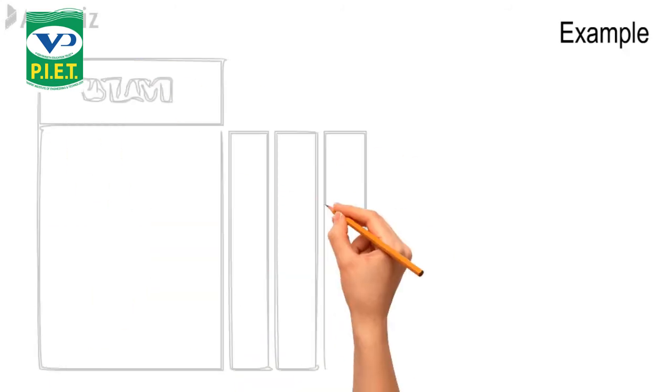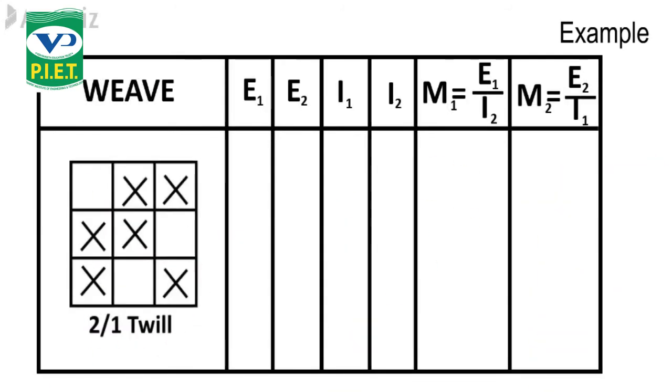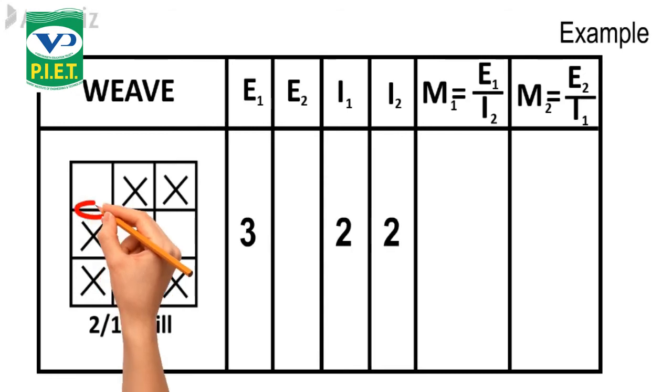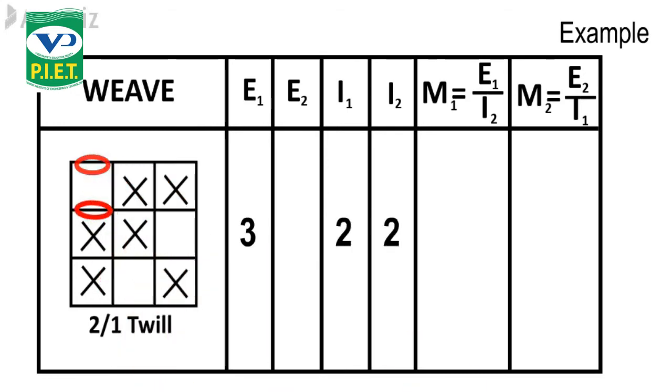Let's take another simple example of 2 by 1 twill. We can see that ends per repeat in such twill is 3 and interlacement in warp direction is 2. One is right here and other one is here. And E2, that is the picks per repeat, is equal to 3 and I2 is equal to 2, that is the number of intersection weft wise.